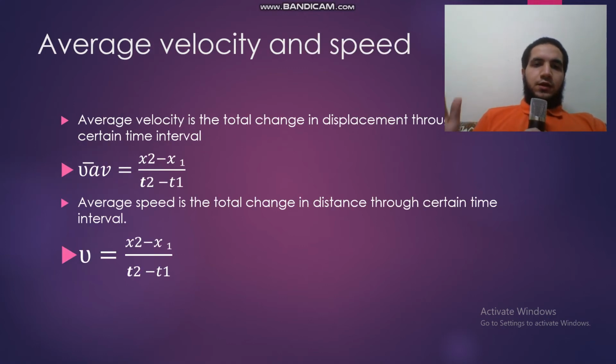Okay, here we're talking about the average velocity and average speed. Average velocity is the total change in displacement through a certain time interval. So we write the average velocity as v_av, abbreviation for average, equals x2 minus x1 over t2 minus t1, which means how much displacement we have over how much time it was covered in.